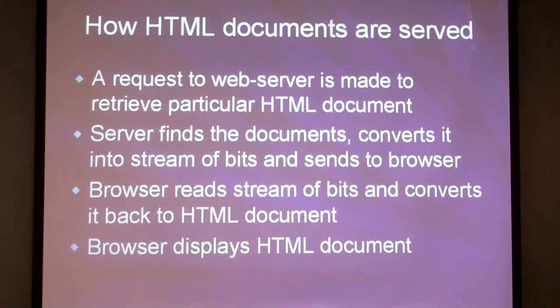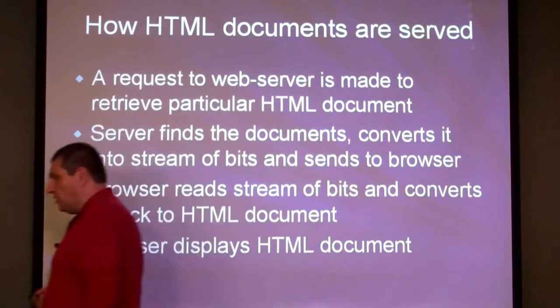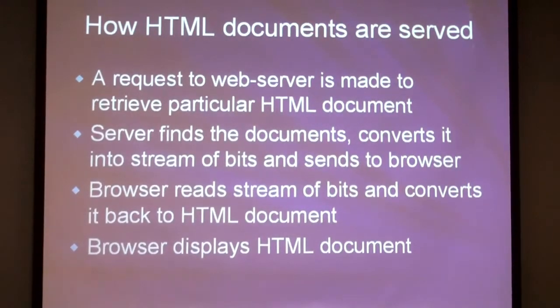It's also important to understand how documents are served on the internet and how we specify this encoding. When you need a given page, you type that page address, the URL, into the browser window and press enter.